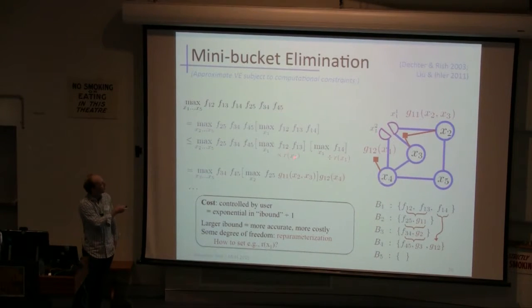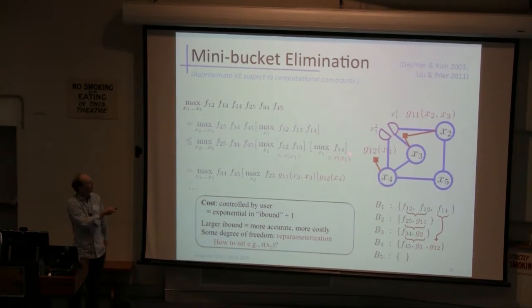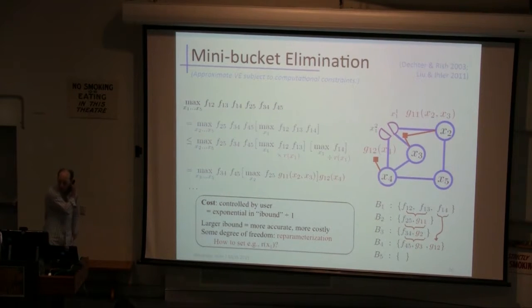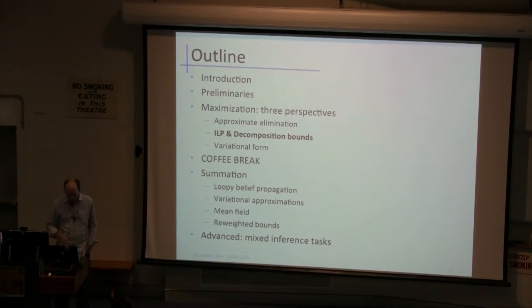So in this bucket, I might multiply by some arbitrary factor r, and then divide by that factor in this bucket. Depending on what factor r I choose, I'll get different results. So the question in a system like this is, how should we set this reparameterization function r? And so to see that, I think a different perspective will be helpful.